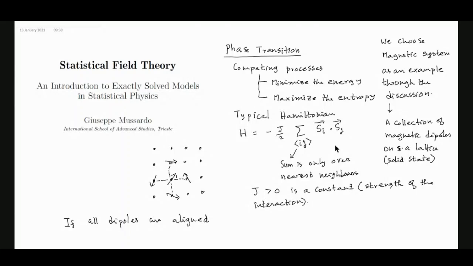So if all dipoles are aligned, we get what is called the minimum energy.